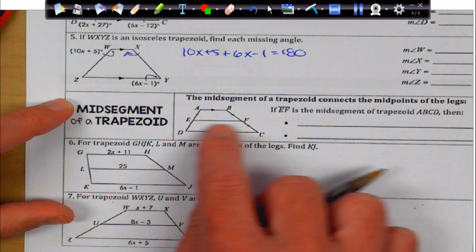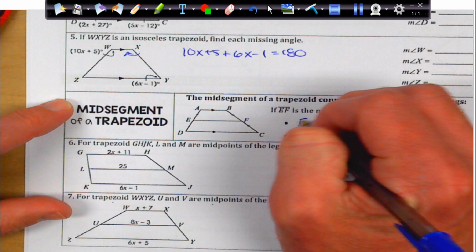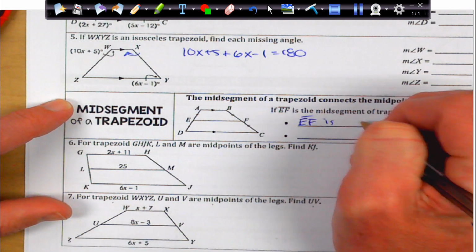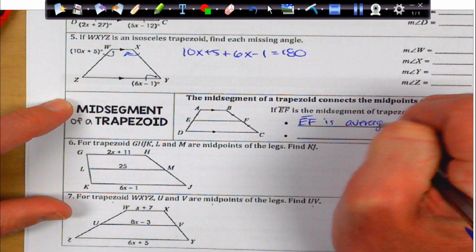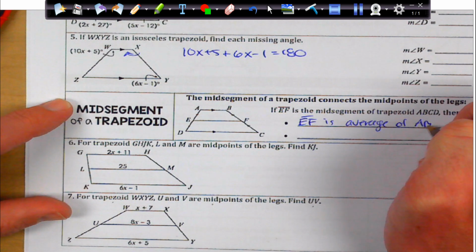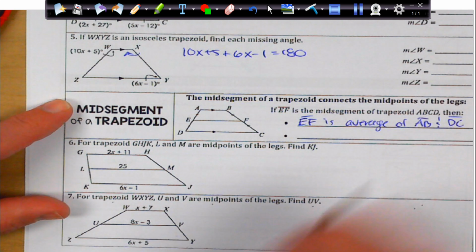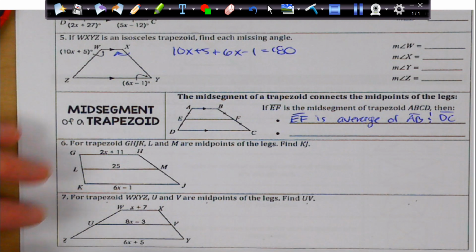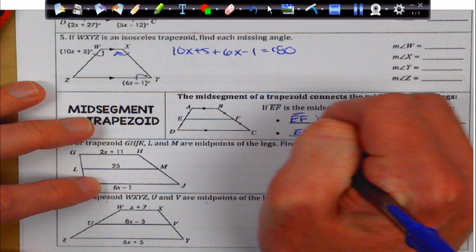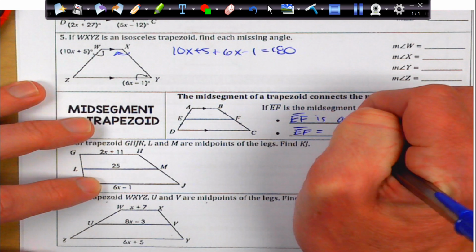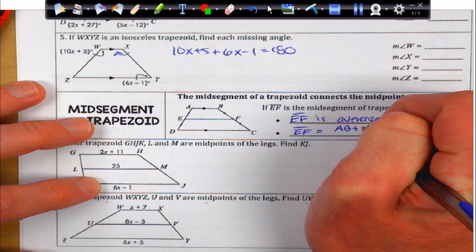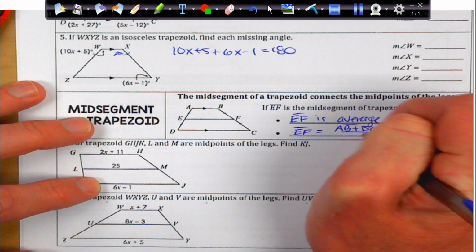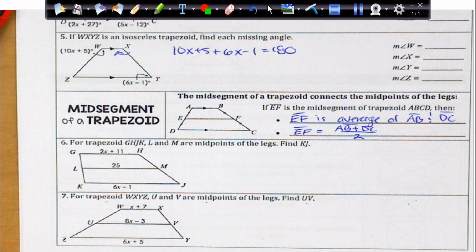I like to think EF is the average of AB and DC. So written out, it would really be EF is equal to AB plus DC divided by 2. And that's kind of what an average is.